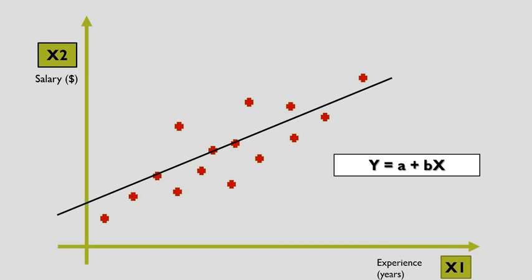You can see that here the algorithm has tried as much as it can to fit this line on the data set which is scattered on the x and y axis. Whether it's simple or multiple linear regression, I'll try to explain further in other videos. However, the scope of this video focuses on logistic regression.